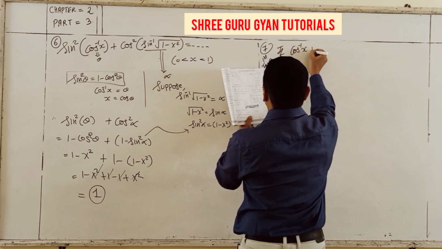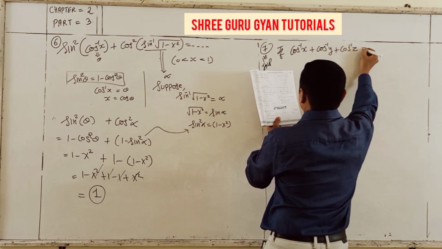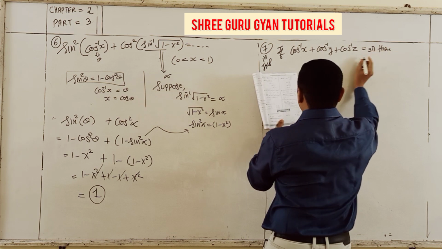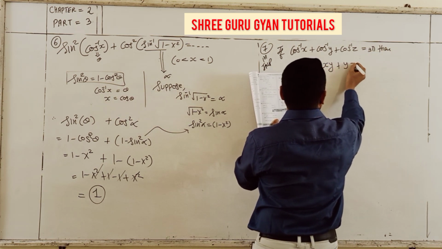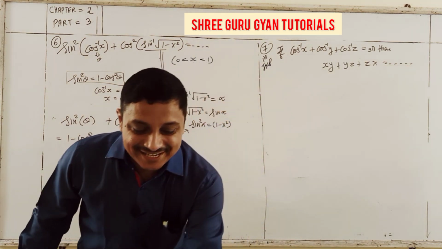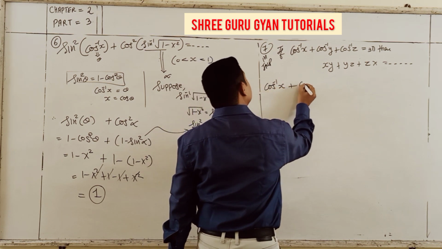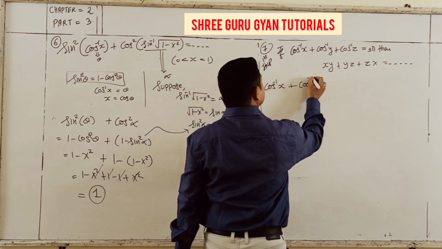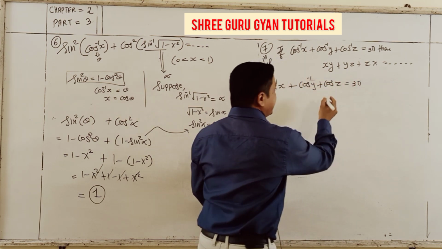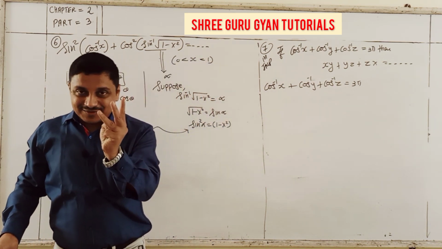Cos inverse x plus cos inverse y plus cos inverse z equals 3 pi, then xy plus yz plus zx becomes dash dash dash. You just observe how many terms are given on the left hand side. Just students, how many terms on the left hand side? 1, 2 and 3. 3 terms given.